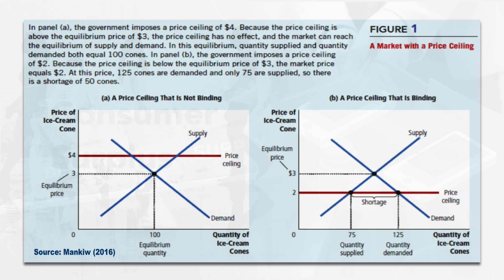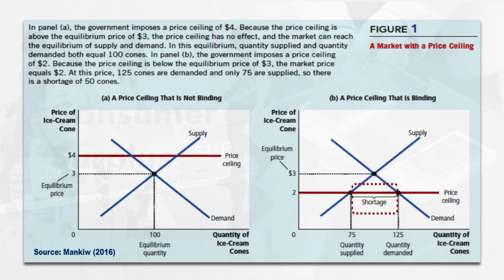While supply and demand would typically drive the price towards equilibrium, the ceiling legally prevents the price from rising above $2. Consequently, the market price is fixed at the ceiling price. At this price, the quantity of ice cream demanded, that is 125 cones, exceeds the quantity supplied, that is 75 cones, as you can see from the figure, and this leads to an excess demand of 50 cones.